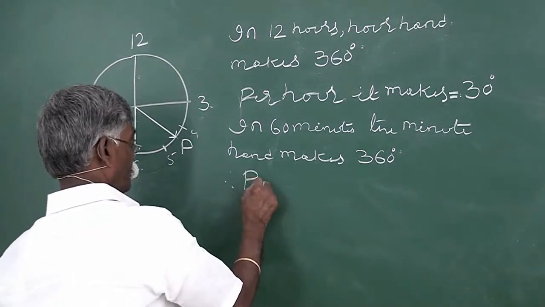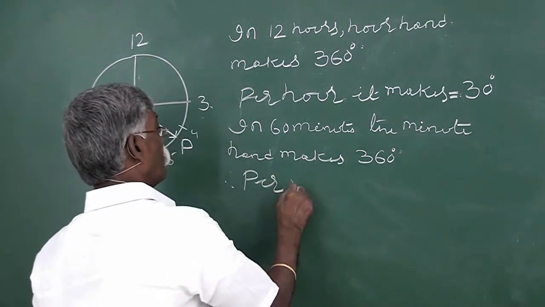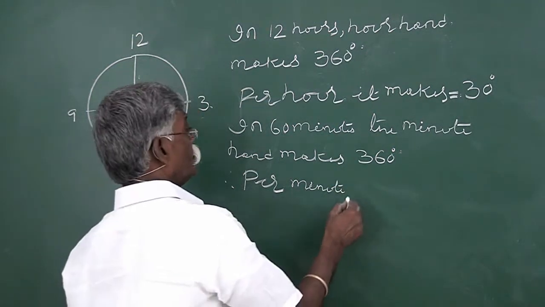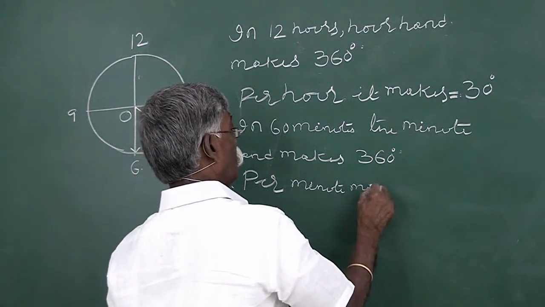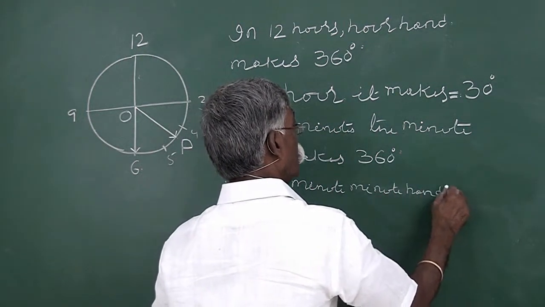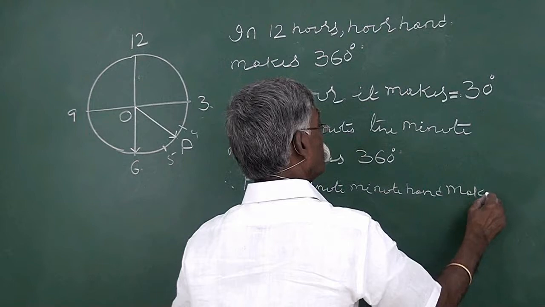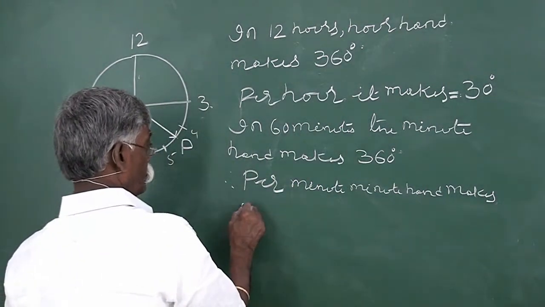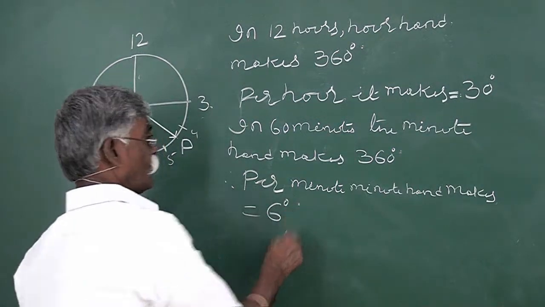Therefore, per minute, the minute hand makes 6 degrees.